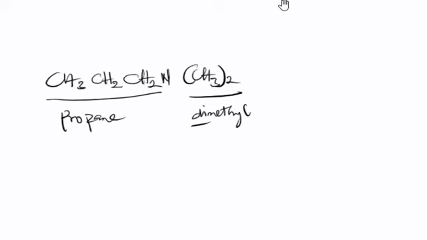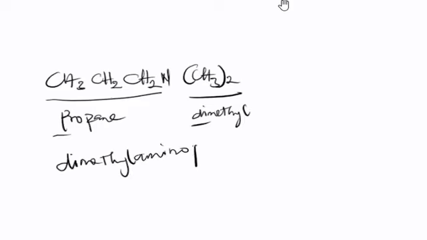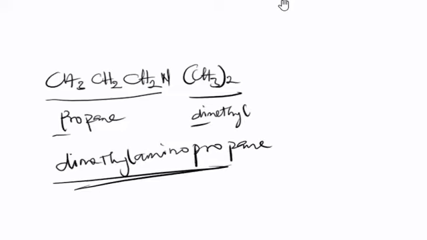So I'll simply name this compound as dimethyl, because this comes first, so I'll use this as a substituent. So dimethyl, and then I'll call this amino propane. So this is how we can simply name this compound.